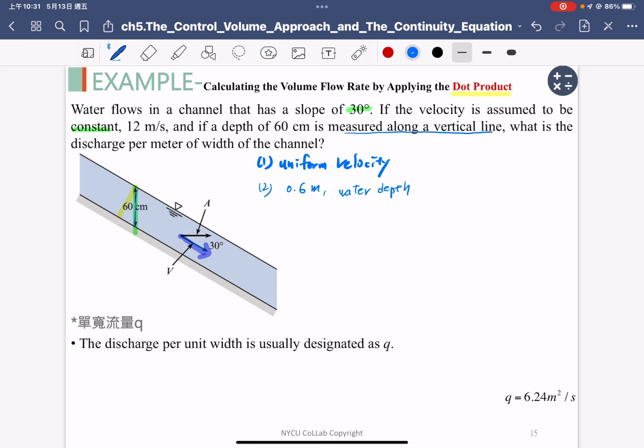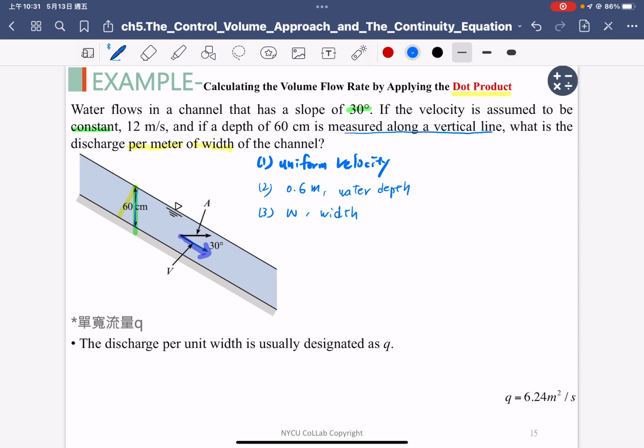And the question is, what is the discharge per meter of the width of the channel? The difference in this question is that we don't know the channel width, right? We cannot get an answer related to the channel width, so we assume the channel width is W. We don't know the width of the channel, so it's W.